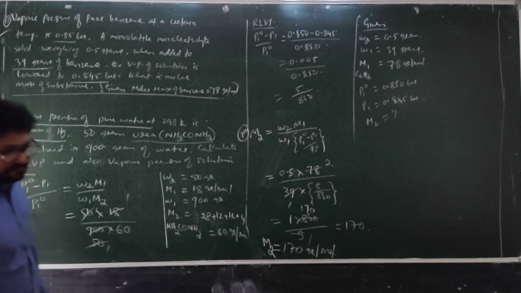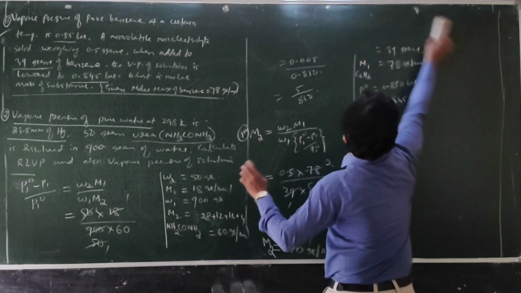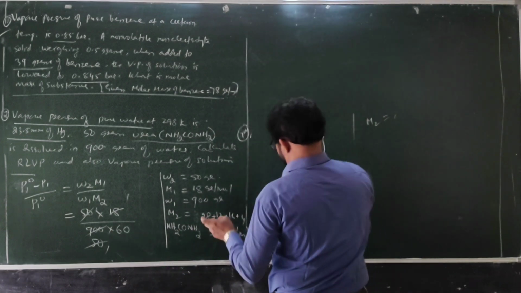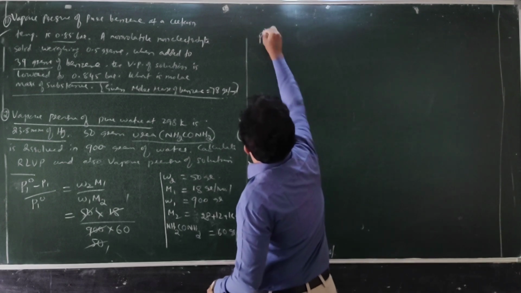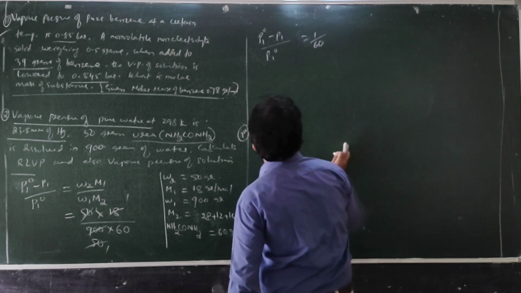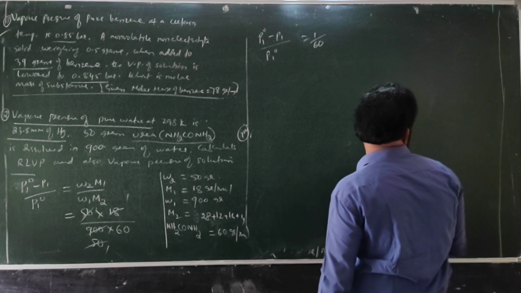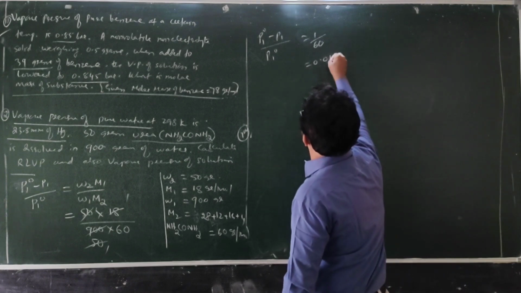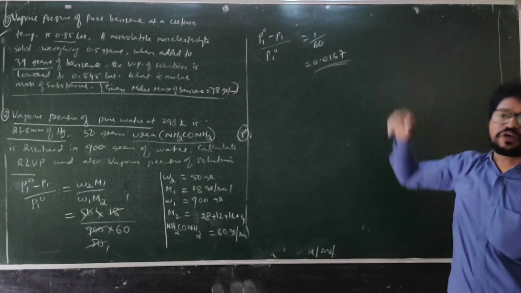So I will write here (P1 naught minus P1) by P1 naught is 1 by 60. If you work out 1 by 60, you will get 0.0167. So it has no unit because it is a ratio of vapor pressure.